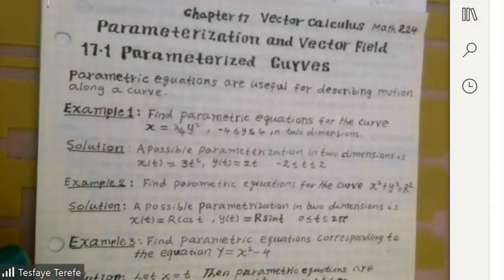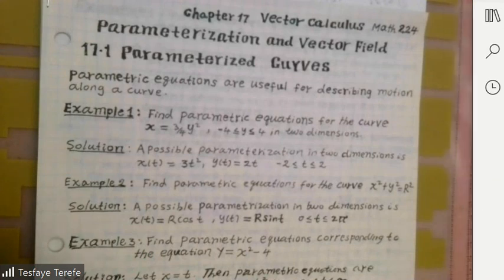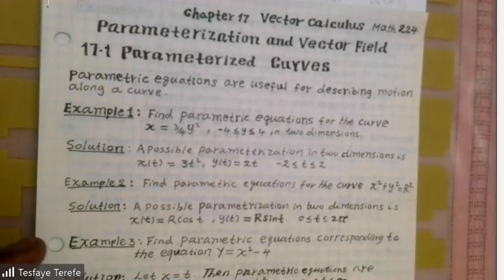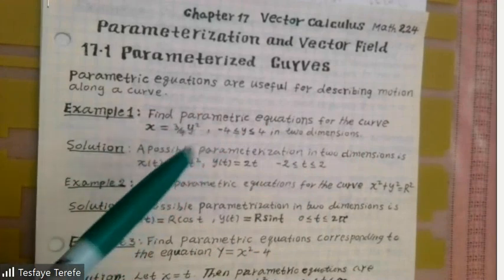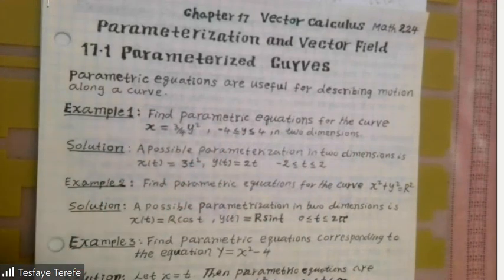So the parametric equation will have the form x as a function of t, y as a function of t, and z as a function of t. If it is two dimensions, drop z. So for example, find the parametric equation for the curve x is equal to 3 over 4 y squared, between -4 and 4 in two dimensions. Well, there are so many ways of doing this one.